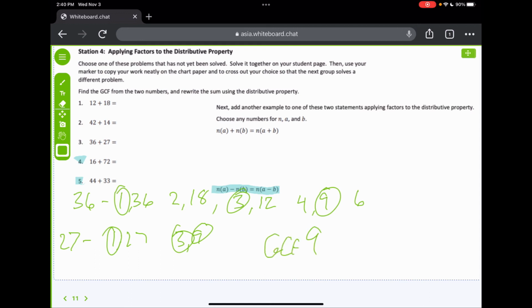Alright, so let's break this down. This would be 9 times, so 36 divided by 9 is 4, plus 27 divided by 9 is 3.